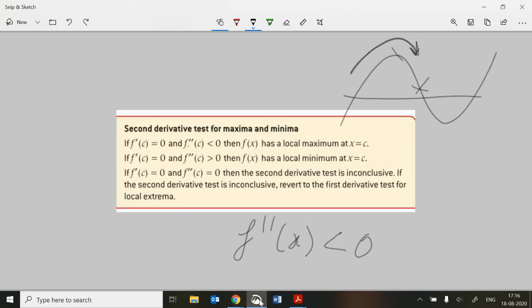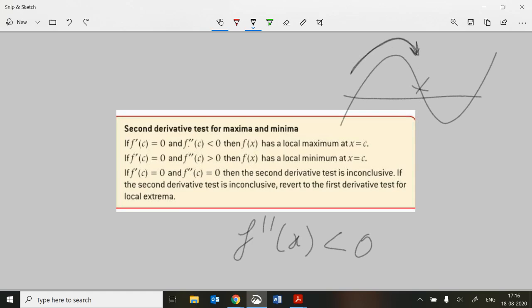And that's going to be your point c there, which you're putting in. It could be that you put in this point and find your gradient is decreasing there as well. In fact, anywhere here your gradient is decreasing, because anywhere there f dash dash of x is less than 0, all the way up until that point of inflection.